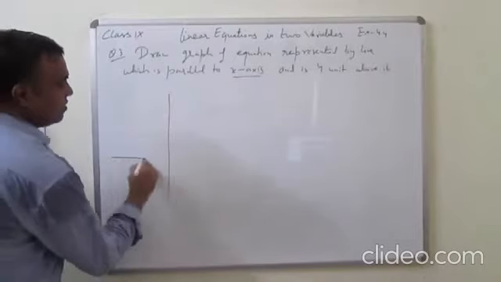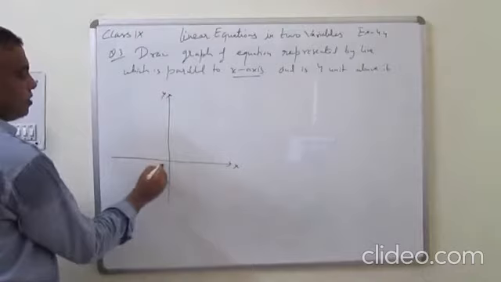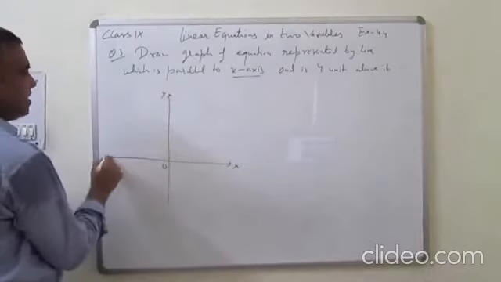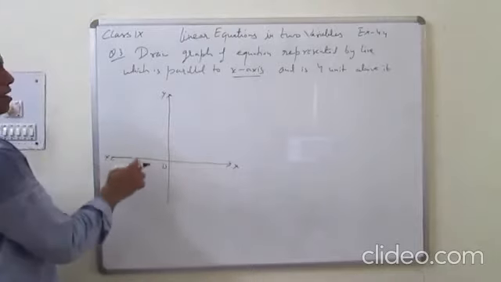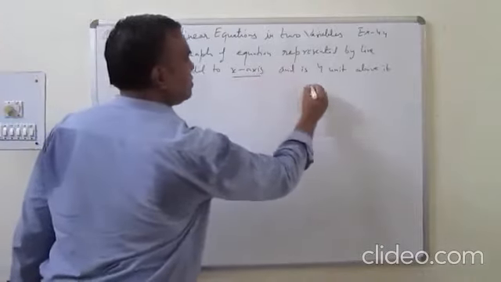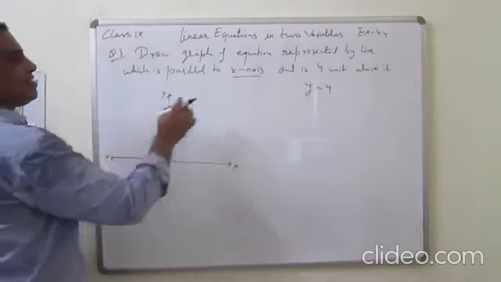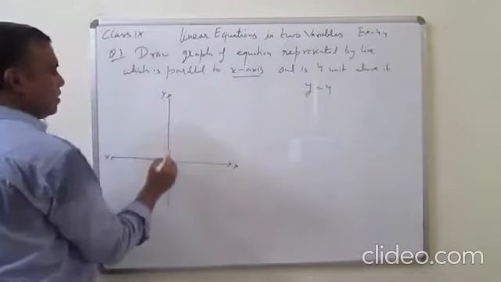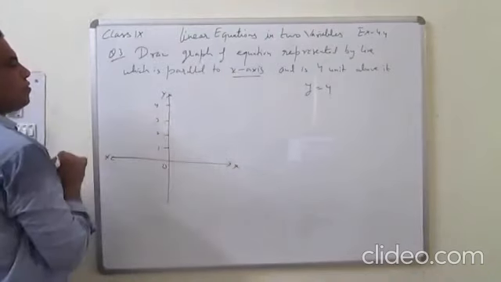So this is a Cartesian plane, x, y, origin, x dash. Four units above it, parallel to x axis, it means this is a line parallel to x axis. Parallel to x axis is y equals 0. So it is 1, 2, 3, 4.